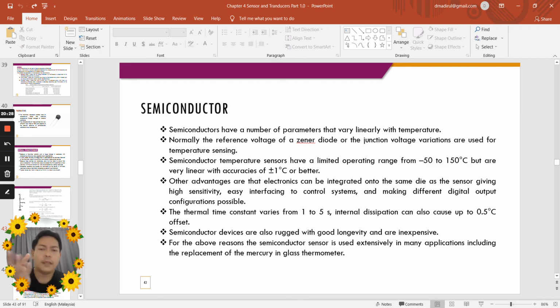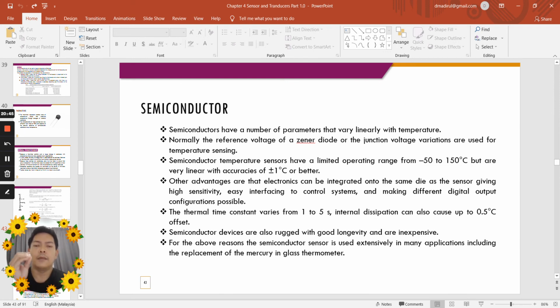Other advantages are that the electronics can be integrated onto the same die as the sensor, giving high sensitivity, easy interfacing to control systems, and making different digital output configurations possible.